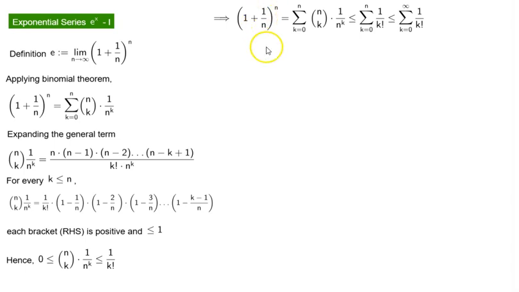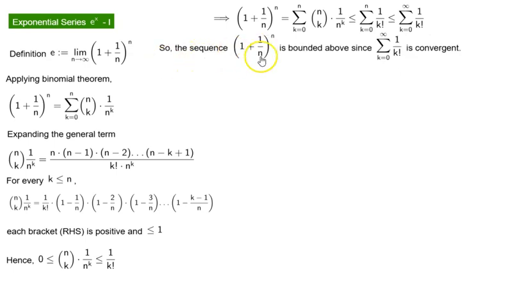This implies (1 plus 1 by n) to the power of n, which is equal to the sum k equal to 0 to n of n choose k times (1 by n) to the power of k, is less than or equal to the sum k equal to 0 to n of 1 by k factorial, which is less than or equal to the infinite series of 1 by k factorial. So the sequence (1 plus 1 by n) to the power of n is bounded above, since the infinite series 1 by k factorial is convergent.